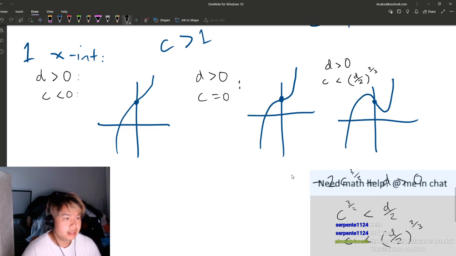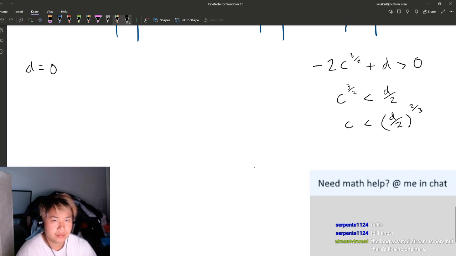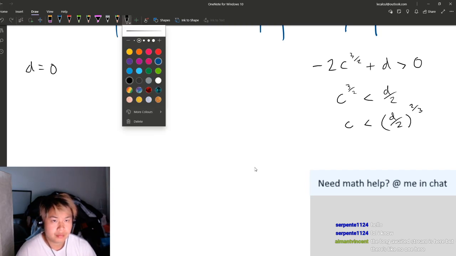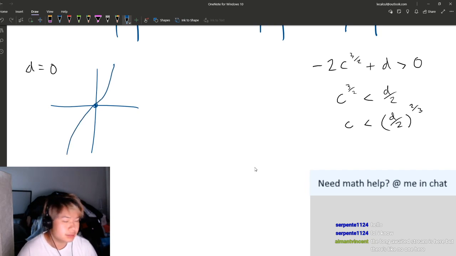And then let's consider different values of D. We considered all the positive values. Now, let's think about what happens when D is equal to 0. So if that's the case, then your graph goes right through the origin, and you can see that there's only 2 different ways to draw it so that you have one x-intercept.